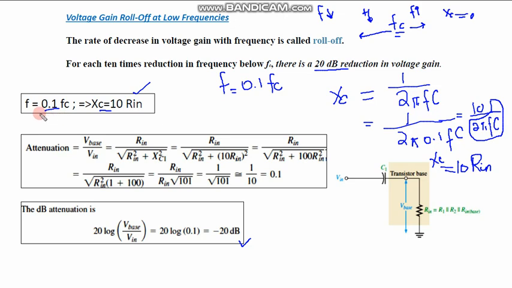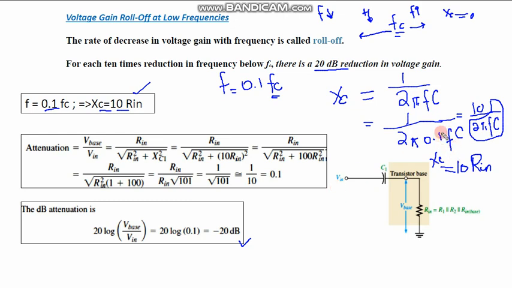So it means that if I choose a frequency such that it is 1 by 10 of the critical frequency, then Xc for this case would be equal to 10 Rin.